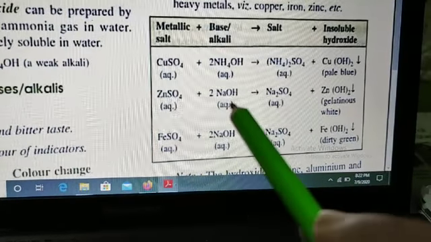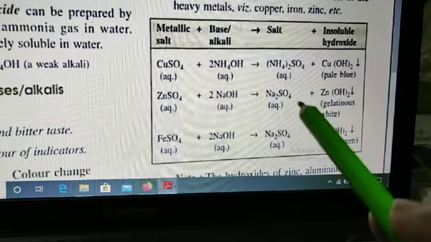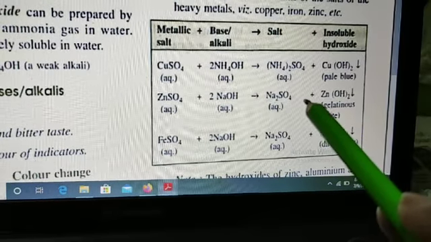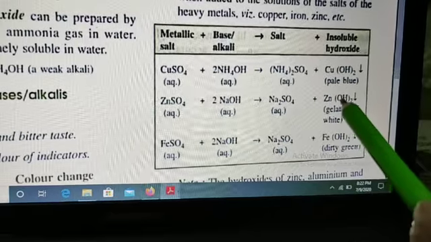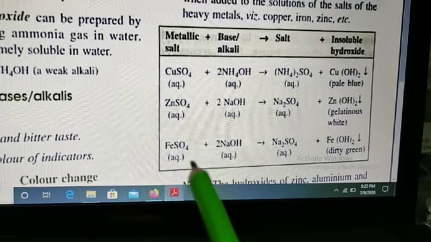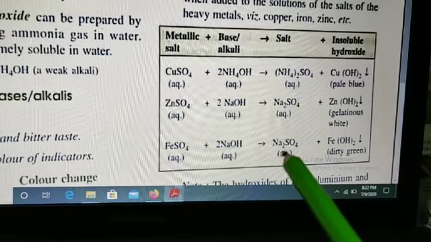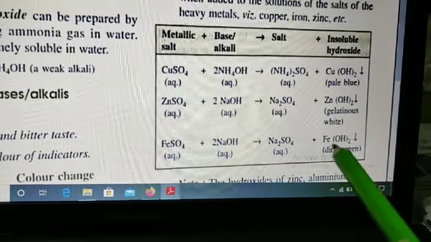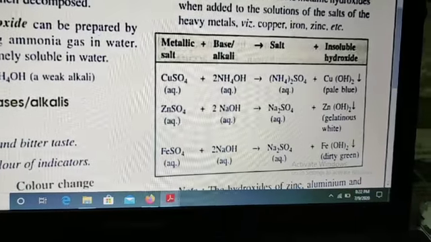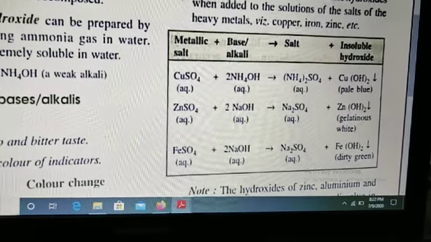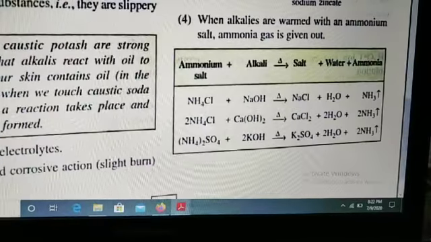Whereas zinc sulfate reacts with sodium hydroxide to form sodium sulfate and a gelatinous white precipitate of zinc hydroxide. Similarly, ferrous sulfate reacts with sodium hydroxide to form sodium sulfate plus ferrous hydroxide, which is a dirty green color. This is the reaction of metallic salt with base to form salt and insoluble hydroxide.